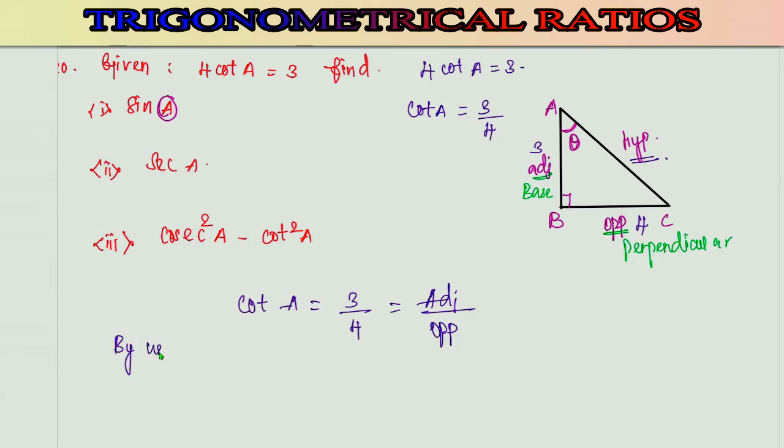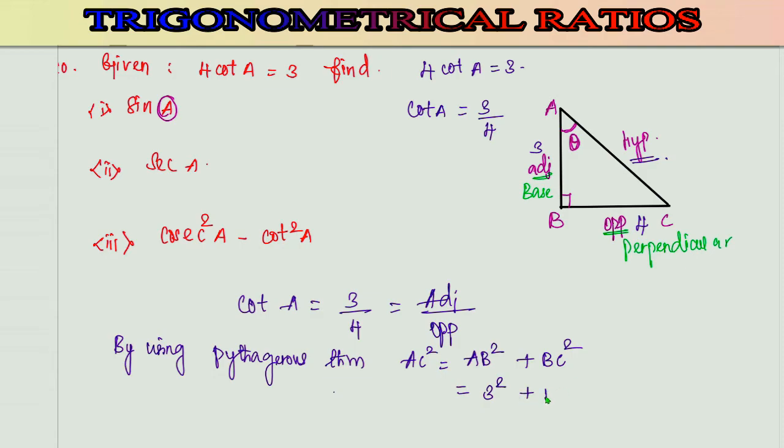By using Pythagoras theorem, hypotenuse side, it is nothing but AC square is equal to the sum of the other two sides square. So AB square plus BC square. So AB square value is 3 square and BC value is 4 square. 3 square is 9 plus 4 square is 16, it is nothing but 25. And here we got AC square is equal to 25. So AC is equal to plus or minus root 25. We got AC is equal to 5.